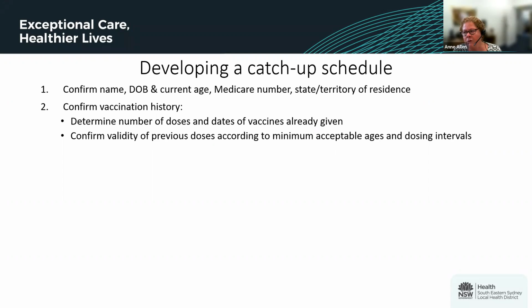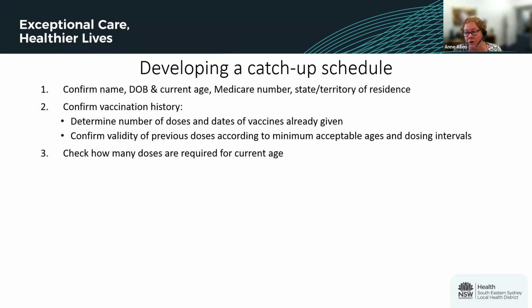Confirm validity of the previous doses according to minimum acceptable ages and dosing intervals. So they may have had all 3 doses of hepatitis B overseas, but they may not have been at the optimal spacing, in which case they may need a catch-up for that.